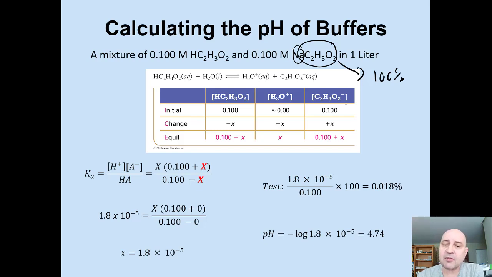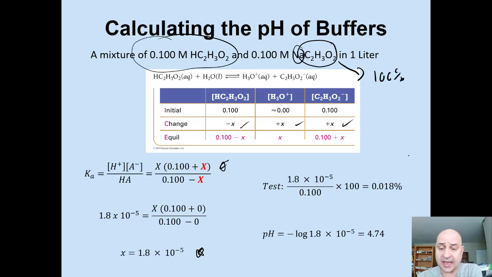But so we already have initially, before this shifts to the right, a 0.1 molar solution of the conjugate base. This is our initial concentration before it splits, so we know we have 0.100, but it is going to go to the right by a factor of x. And so we have minus x, plus x, plus x.